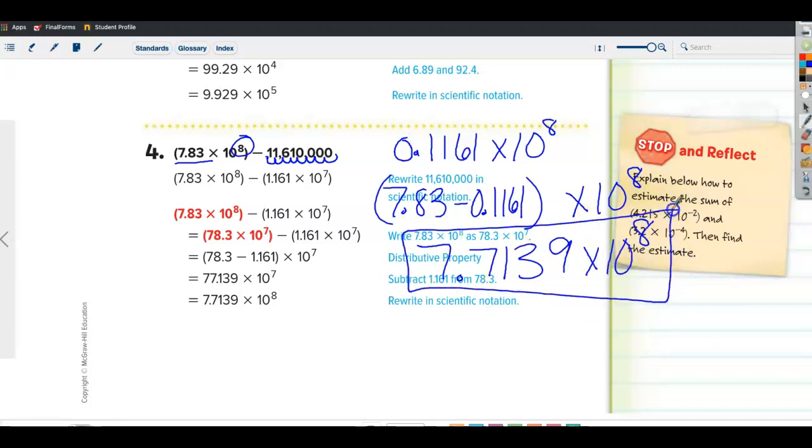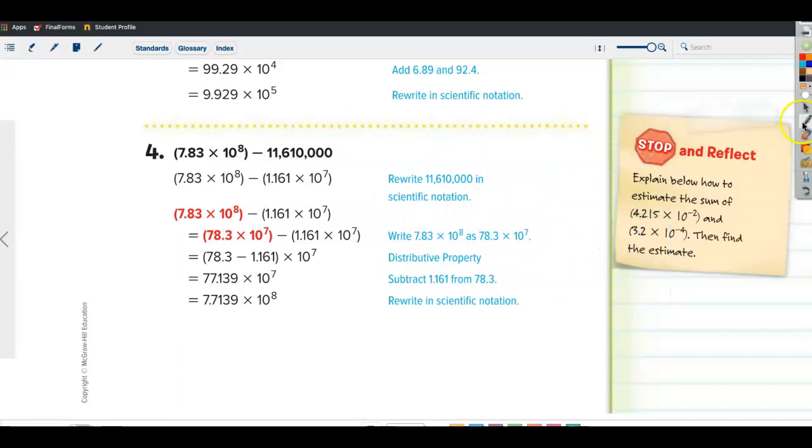Is this in scientific notation? Yes. So you would be done. Okay, the book had a lot more steps than what we did, did they not? So it's easier if we just make this first step match our exponents. Okay, it takes out a lot of them. Sometimes you still have an extra step at the end. Questions on that example? Okay, flip the page.